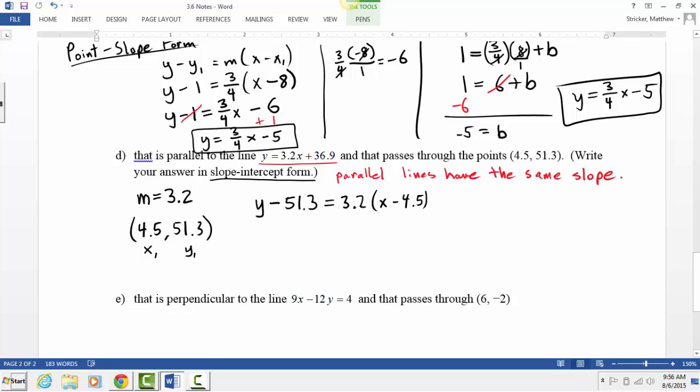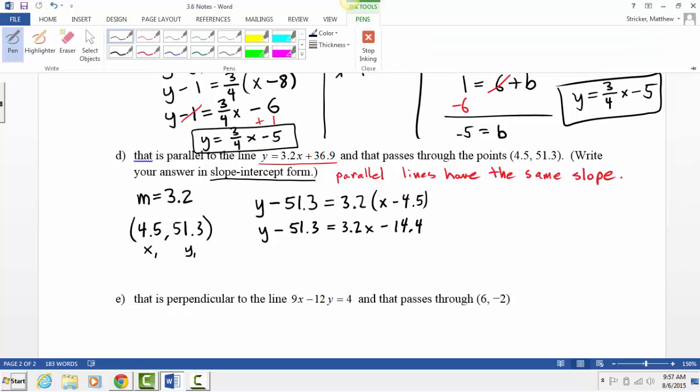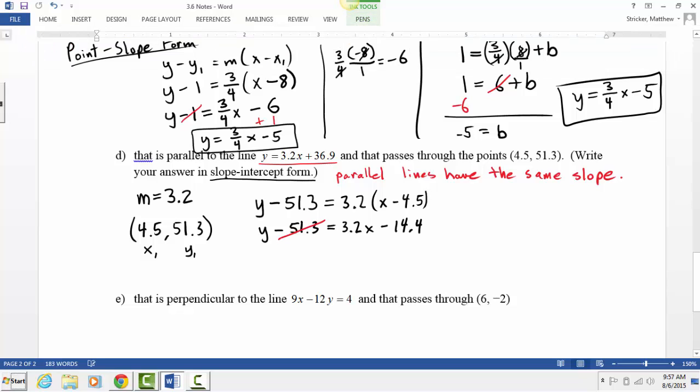We need to go ahead and distribute. So I have y minus 51.3 equals 3.2 times x, which is 3.2x. Then we have 3.2 times negative 4.5, which is negative 14.4. But then I want to go ahead and move that negative 51.3 to the other side, so it becomes a positive 51.3.